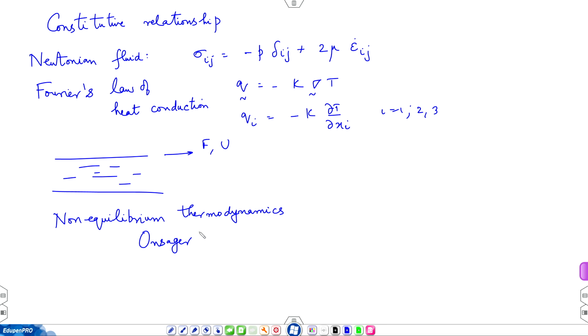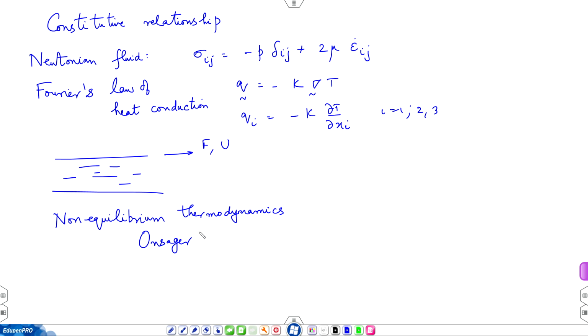Voltage times current is Joule heating. Okay. The voltage is force, current is flux. So, Onsager showed that force times flux will be the entropy generation rate. So, this voltage applied across a resistor is not going to cool the resistor, it is only going to heat it. So, voltage times current, if you think in terms of Joule heating, it is positive. So, that is the entropy generation rate.